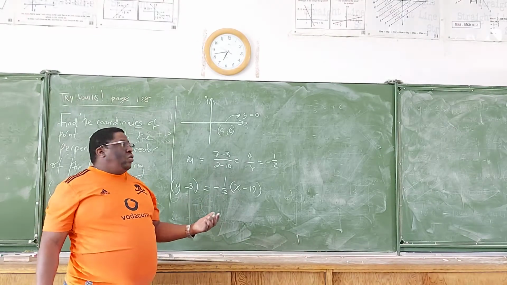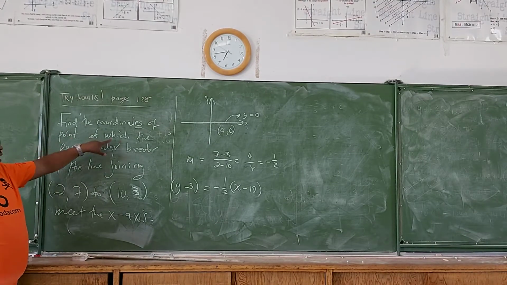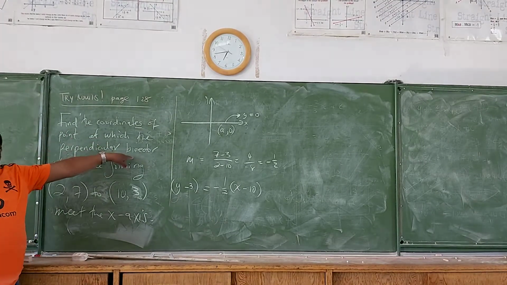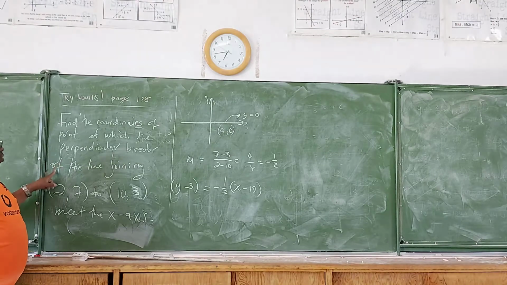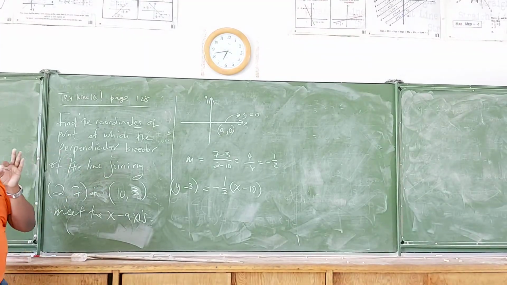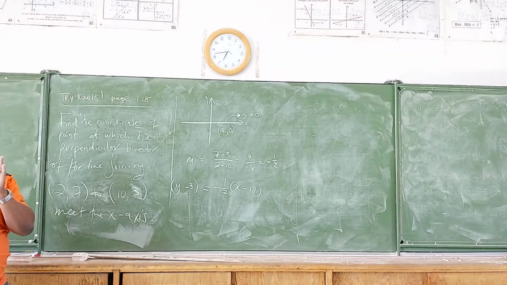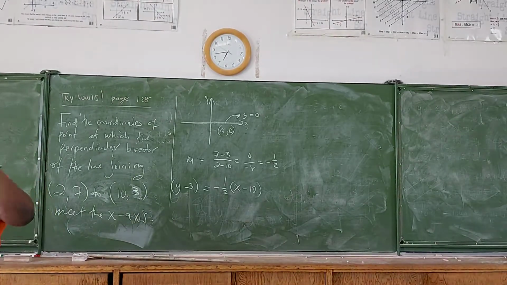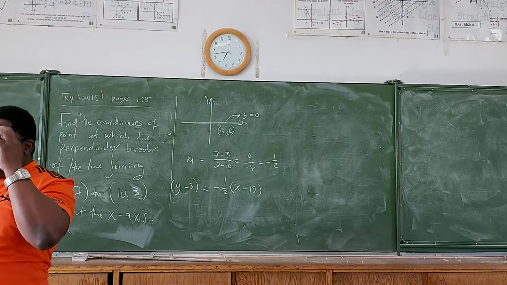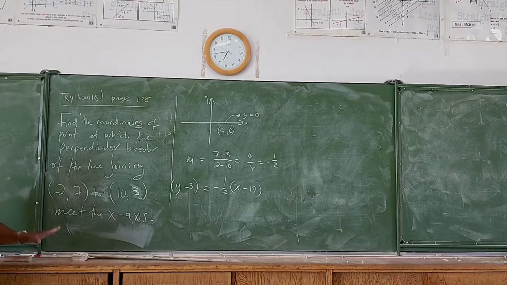You need to find the midpoint. Good. Now, we are looking at the coordinates of the point at which the perpendicular bisector of the line meets the x-axis. Now, perpendicular bisector means that the point they are sharing is a common point. What am I calculating when I do that?